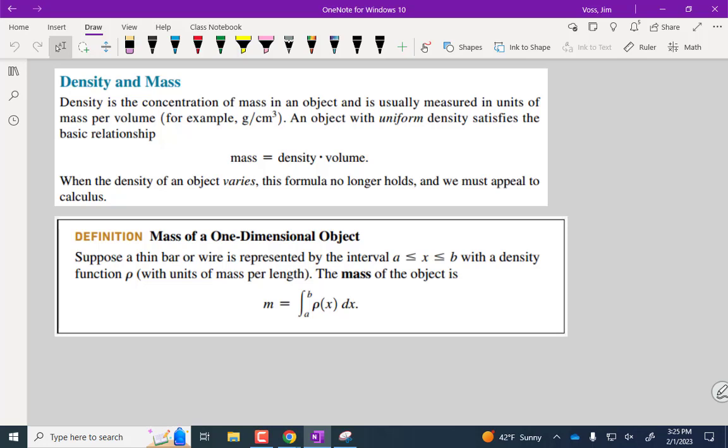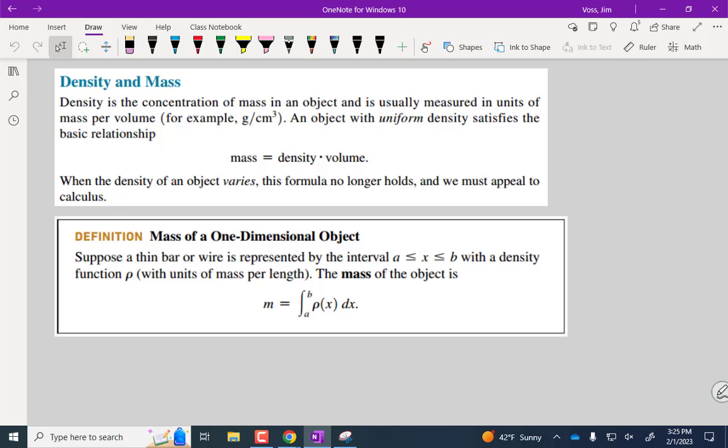All right, 6.7. This is the main application section the whole semester. Really the only one that is truly applications. So the first thing that we're going to talk about is this relationship between mass, density, and volume.